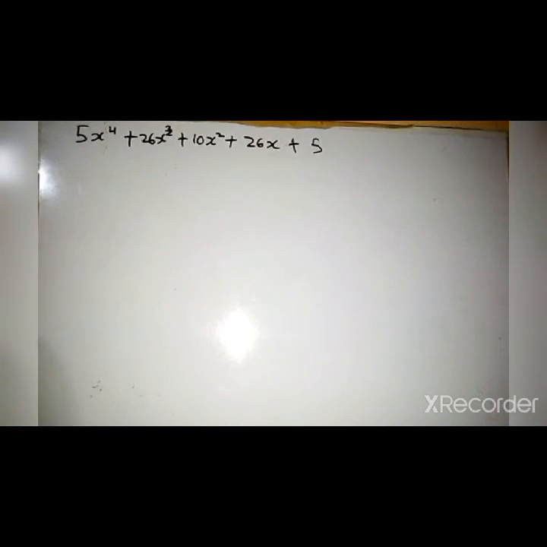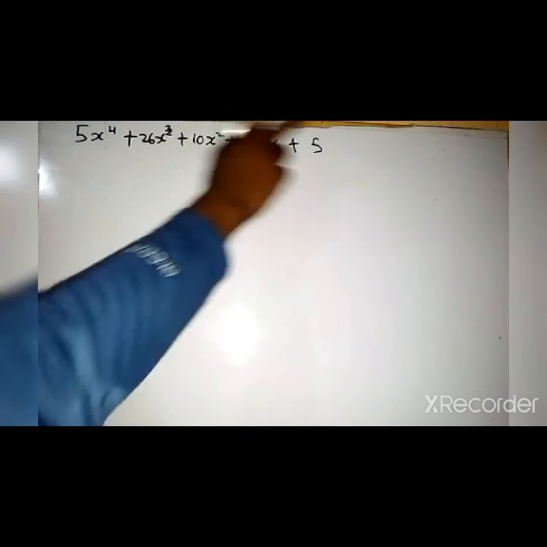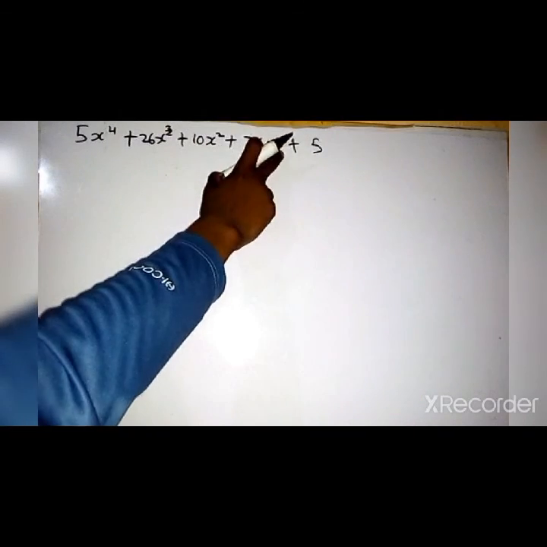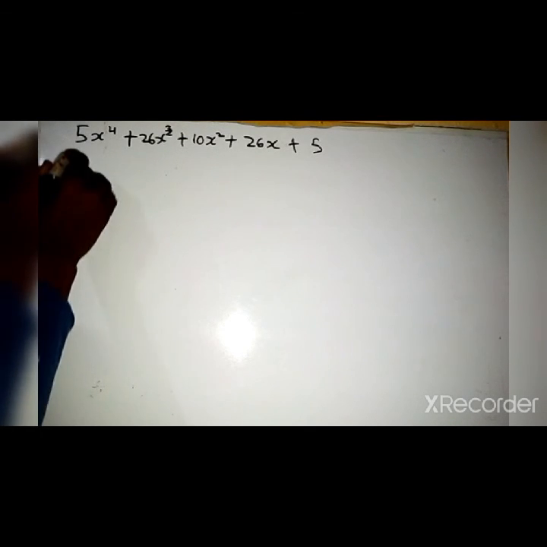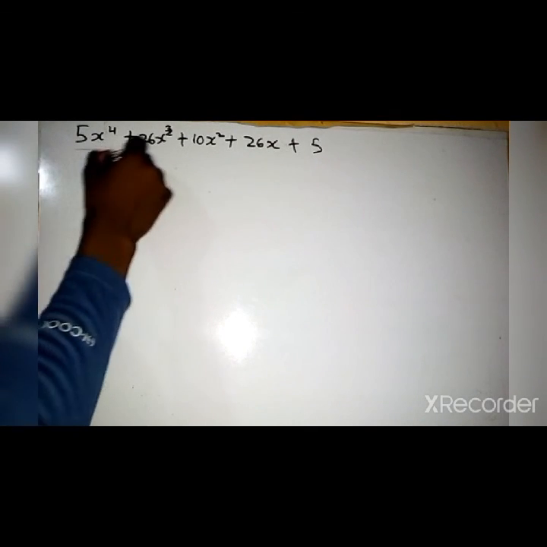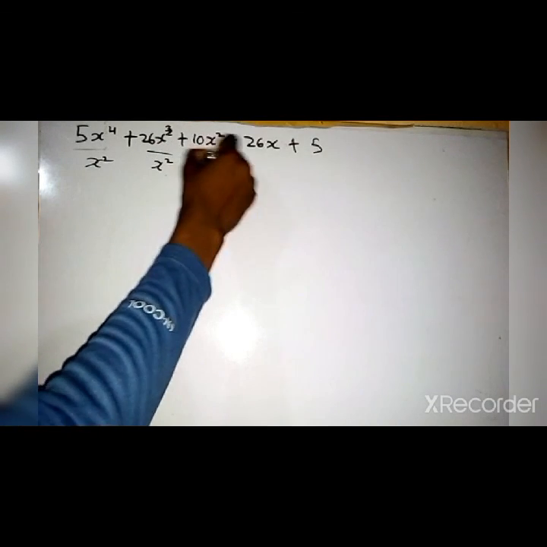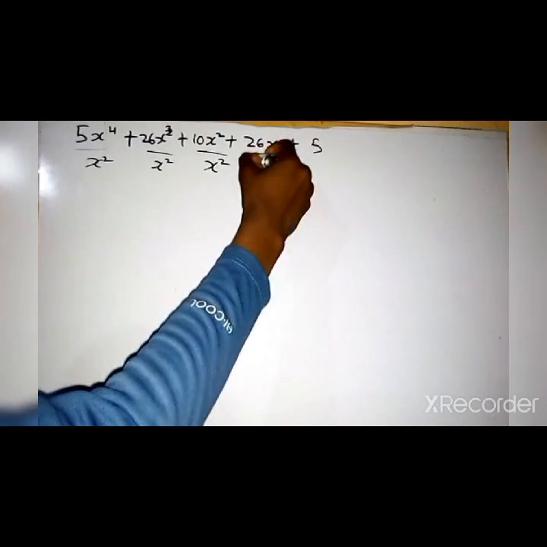So now we notice that this is the reciprocal approach. 5 is repeating itself, 26 is repeating itself, but the only thing that is not repeating itself is 10. So we divide by x^2, the term with the coefficient 10.